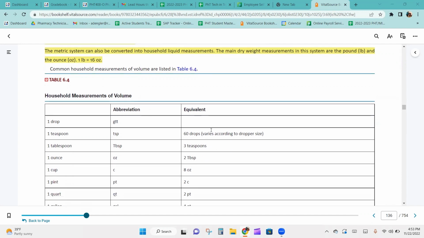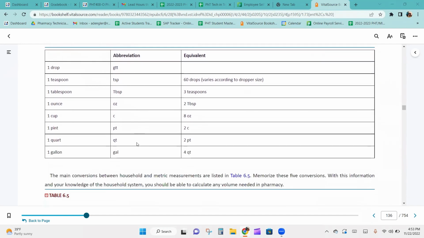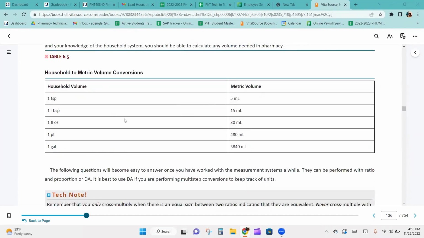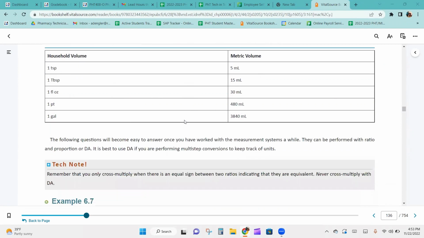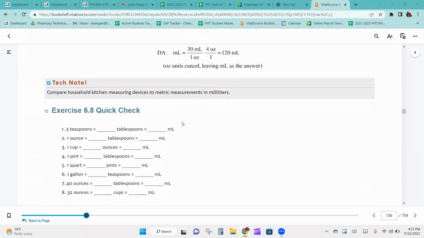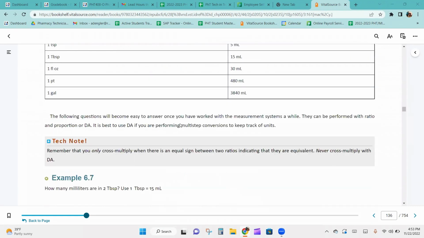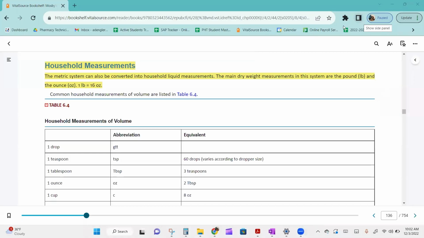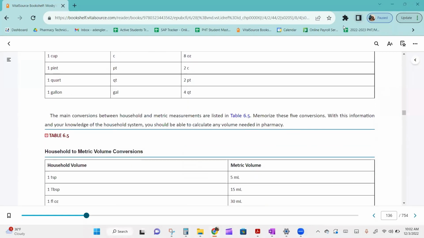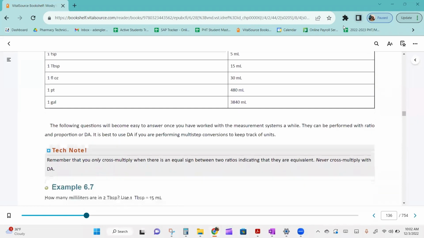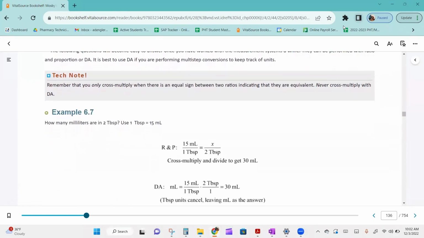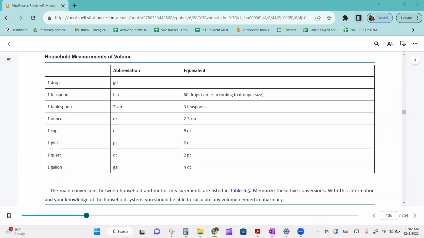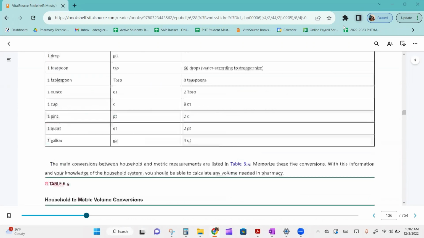Table 6.4 shows the household measurements of volume, their abbreviations, and their equivalents. Table 6.5 shows household volumes and metric volumes. We will go over how to convert some of those. Okay, household measurements. We're going to convert between the two, just like we did in the other ones, using conversion factors, which is all of these here and more.